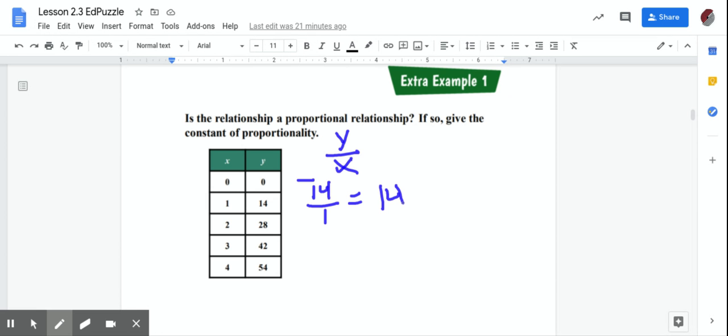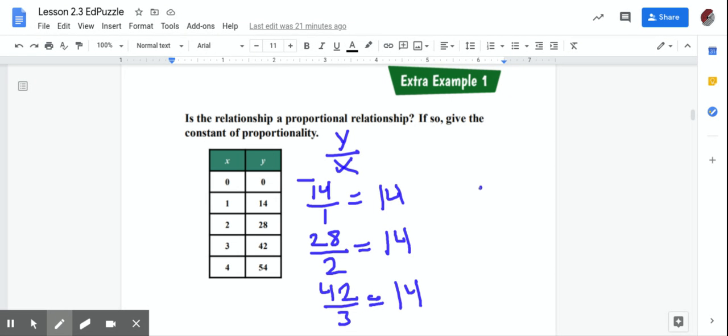Then I do the same thing with the next row in my table. So I go 28 over 2, and I get that from the x location, and I get the 28 from the y location, and 28 divided by 2 is 14. Next, I have 42 divided by 3, and 42 divided by 3 is 14.